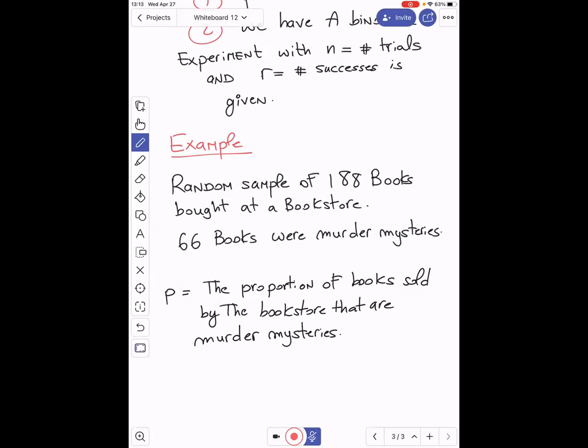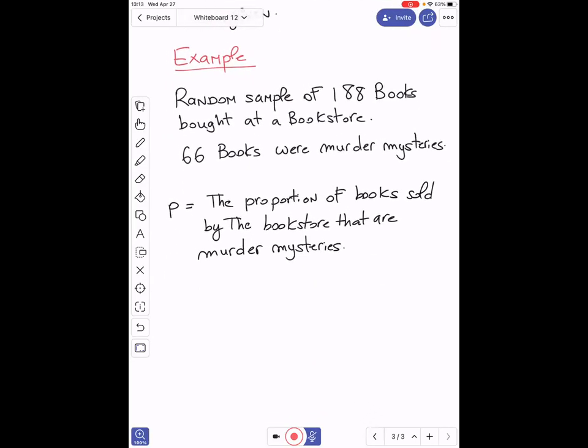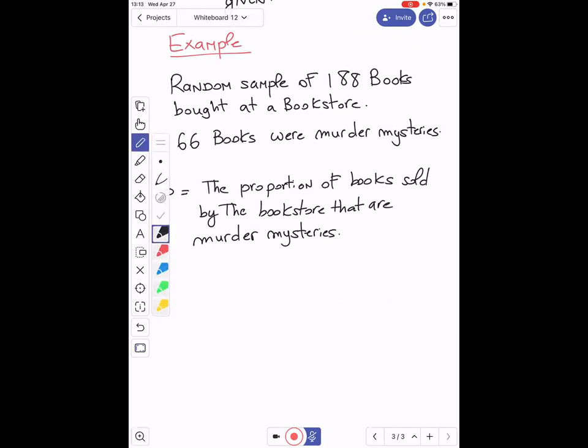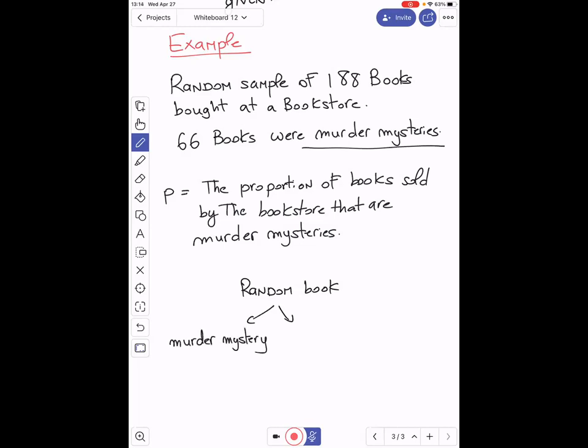So when you take a random book, and here we are interested in murder mysteries, either the book is a murder mystery, and let's say that will be a success, or it's not, and that will be a failure.